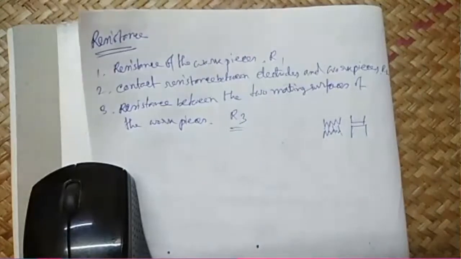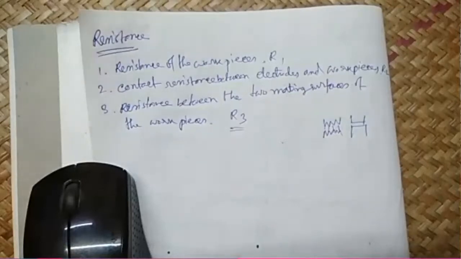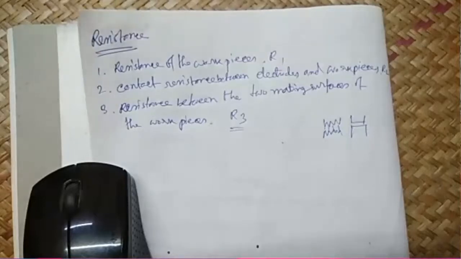In such case, the electrode will be highly conductive and the electrode will not receive much heat. The workpiece will receive much heat. Our objective is to heat the work, not the electrode. So that's why we need to use higher conductivity electrode materials.